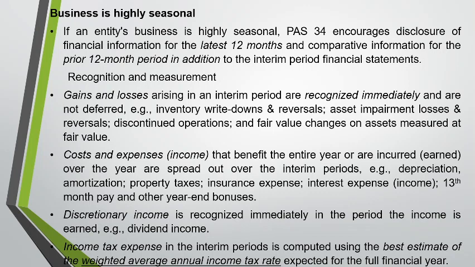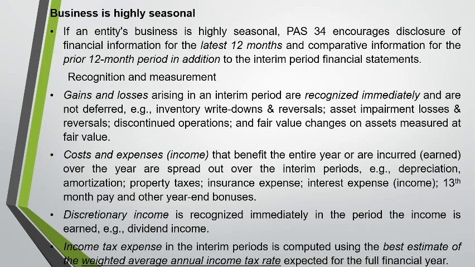Recognition and measurement. Gains and losses arising in an interim period are recognized immediately and are not deferred. These include inventory write-downs and reversals, asset impairment losses and reversals, discontinued operations, and fair value changes on assets measured at fair value.